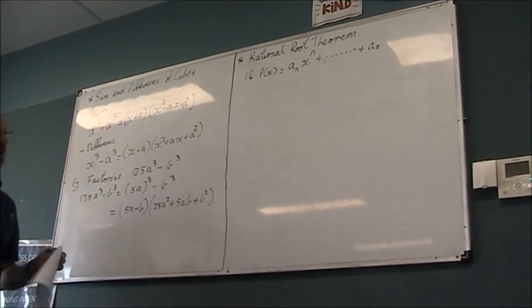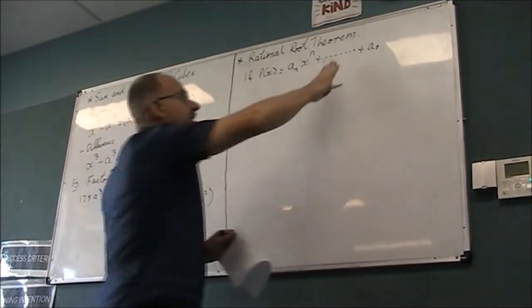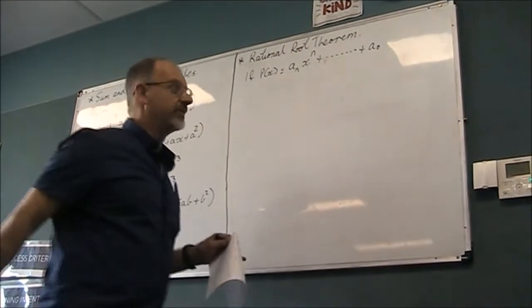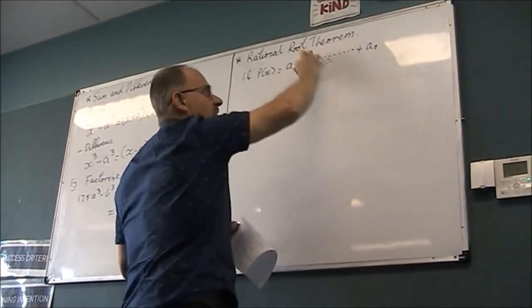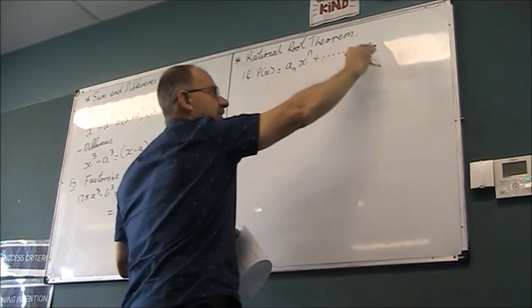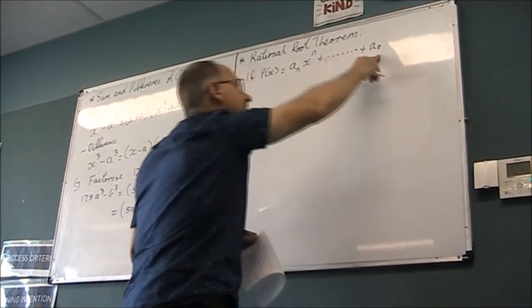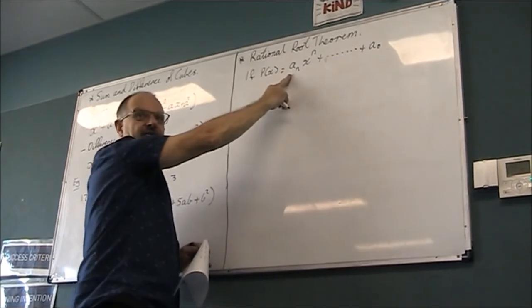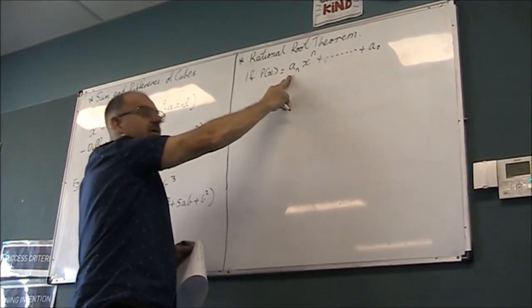then what we are concerned with when we're using the rational root theorem is we're not concerned with all of this stuff in the middle. The things that we're concerned with are our constant on the end and our coefficient of our first one.